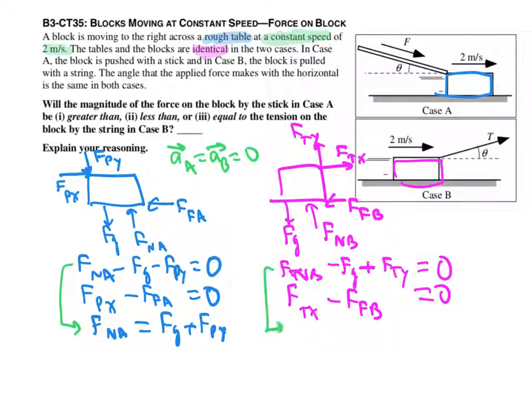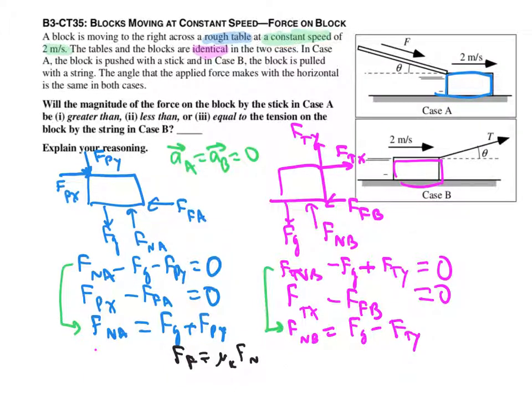Whereas if we take this line, we see that FNB is FG minus FTY, and that means that FNA is bigger than FNB, since A is the weight plus something and B is the weight minus something, so A must be bigger than B. But the frictional force, remember, is mu, in this case kinetic because it's moving, times FN.